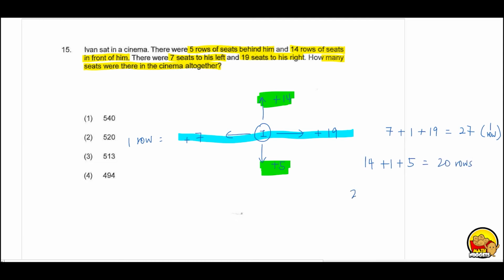So the total number of seats will be 27 seats in one row multiplied by 20 rows, which should give you 540. Answer is option 1.